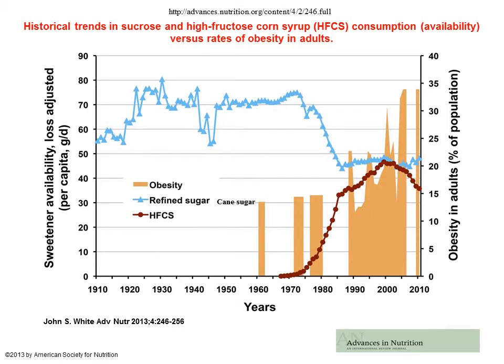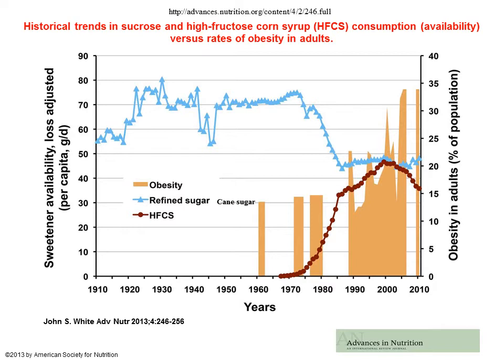In this slide, I am showing you the historical trends in the consumption of sucrose versus high fructose corn syrup. The data that we have suggests that the blue squiggly line is refined sugar. That's sucrose from cane sugar or honey. High fructose corn syrup is HFCS.